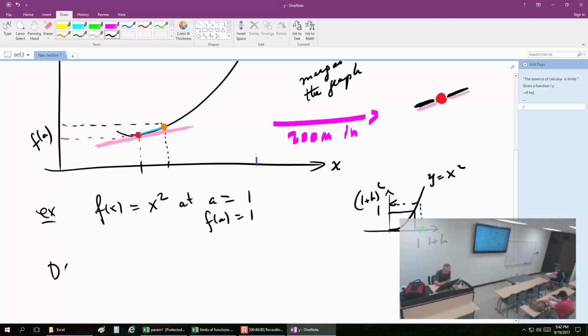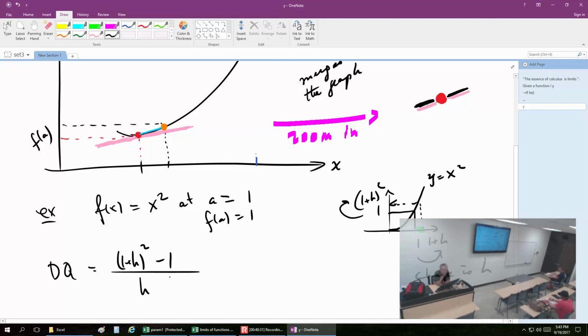So then the difference quotient is rise over the run. The change of x is h, right, from 1 to 1 plus h. And then the numerator: we're changing from 1 to (1 plus h) squared. So it will be (1 plus h) squared minus 1.